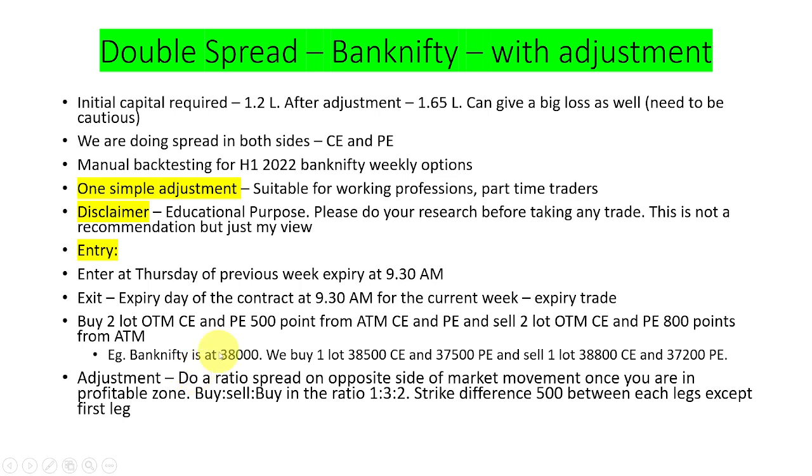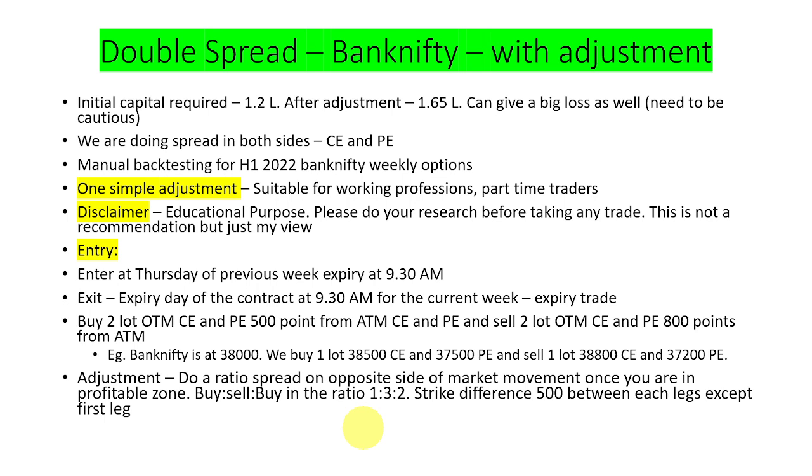So, say if Banknifty is 38,000, we buy 2 lots of 38,500 and 37,500, and we'll be selling the 38,800 call and 37,200 put. For adjustment, we are going to do a ratio spread on the opposite side of the market movement.